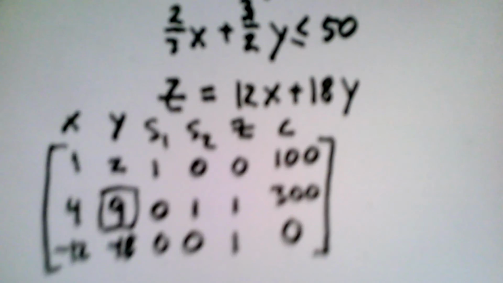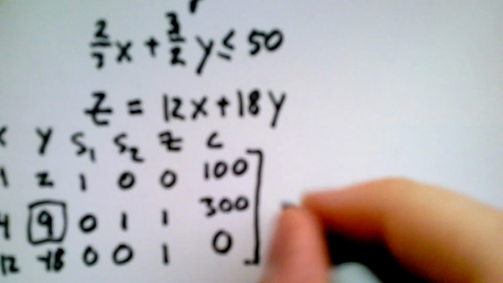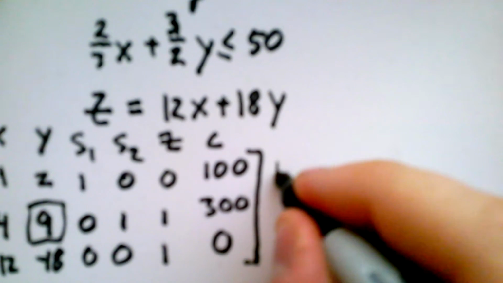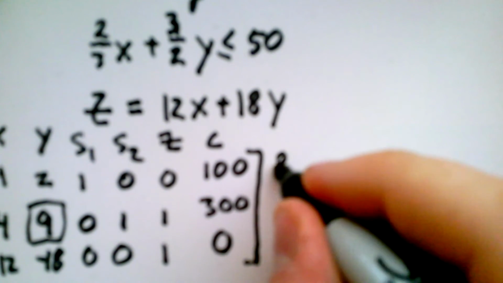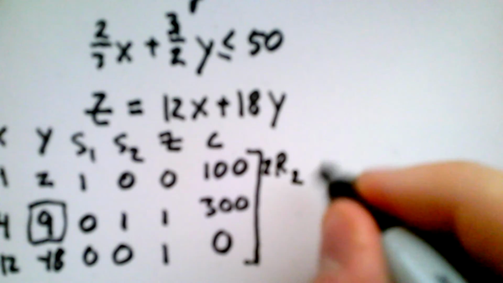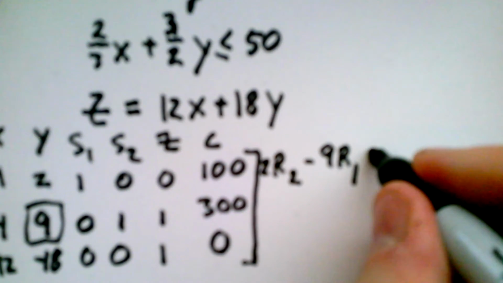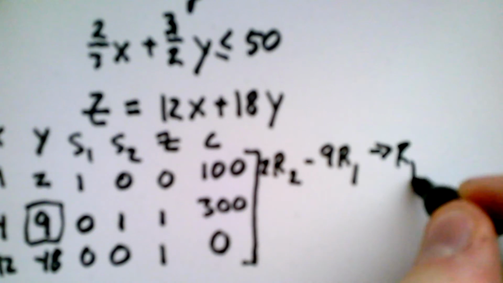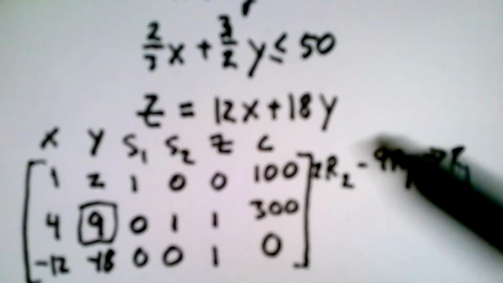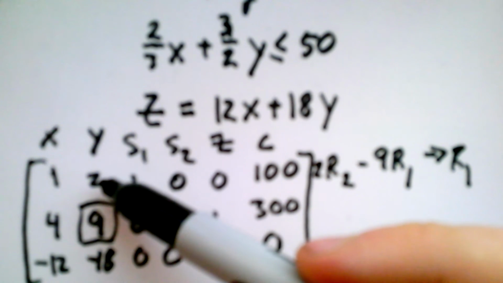So, looking at this, I want to get rid of this 2. So what I'm going to do is go 2 row 2 minus 9 row 1 goes to row 1. By doing that, I will remove this 2 because I'll have 2 times 9 is 18. Negative 9 times 2 is negative 18.